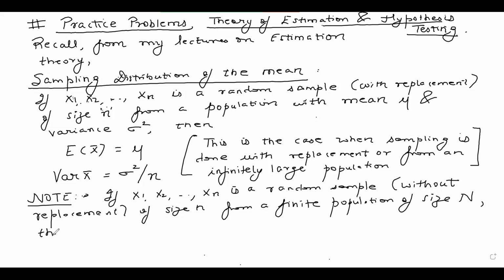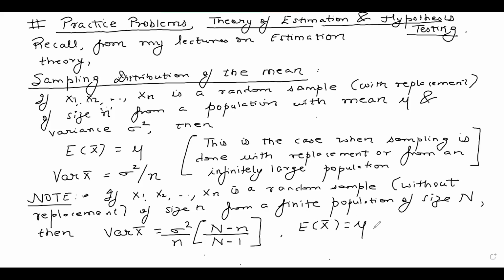Then variance of x bar will be sigma square by n times capital N minus small n over capital N minus 1. And expected value of x bar is still mu.